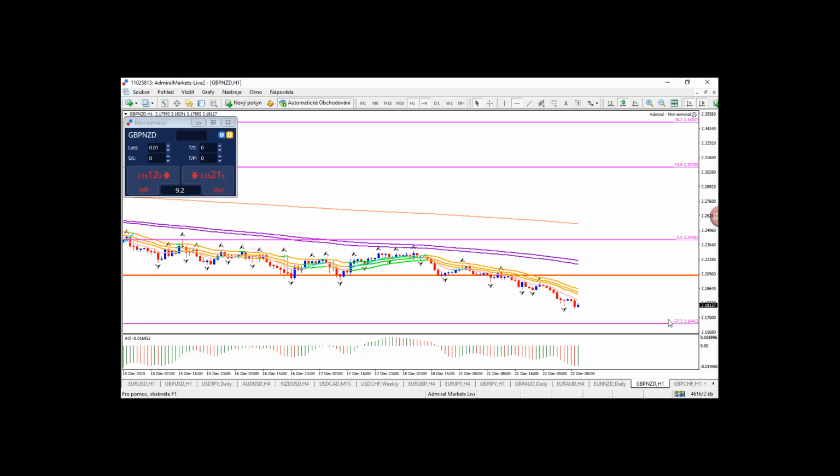So now at the moment, for me at least, Euro New Zealand could be a bit of a different story. That is breaking a trend like this. That could, if it gets a pullback, be okay.